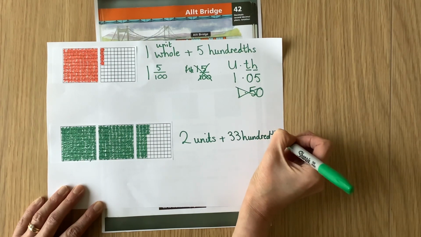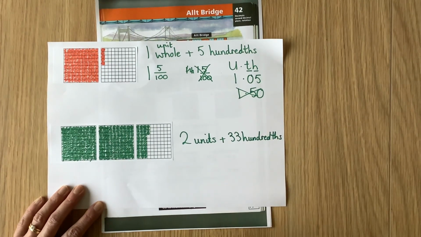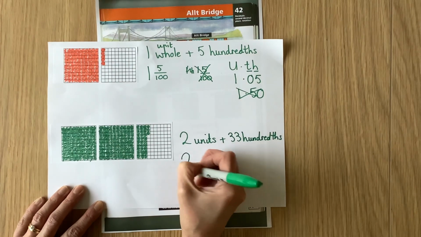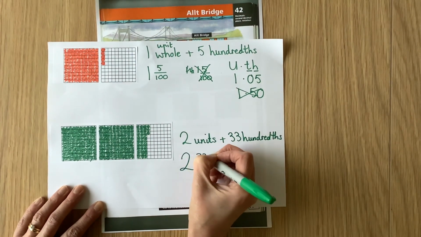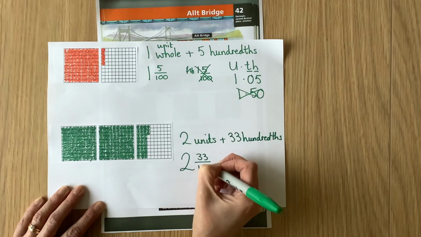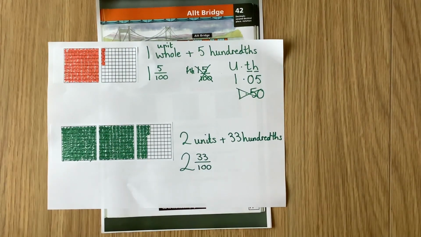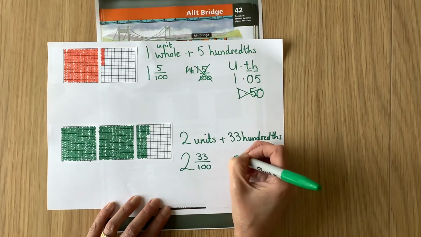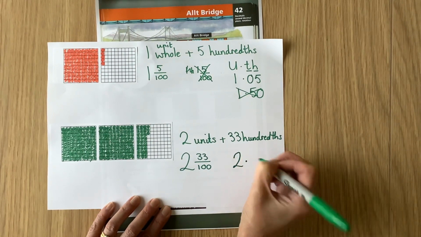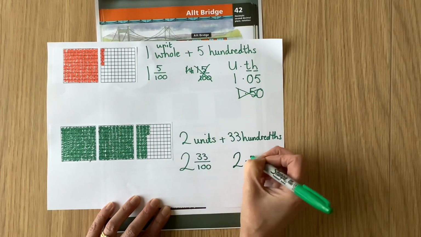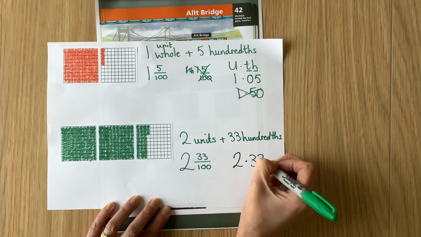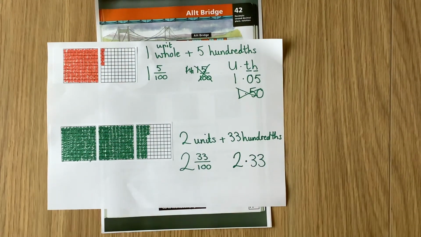So I've got 2 units and 33 hundredths. I could write it as a big 2 and 33 hundredths. Same thing. How would I write it as a decimal? Well, that's going to be 2 point, then take your numerator and put it after the decimal point. How will I say it, P6?